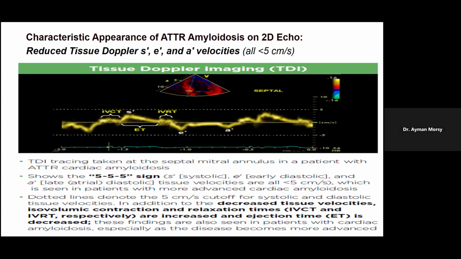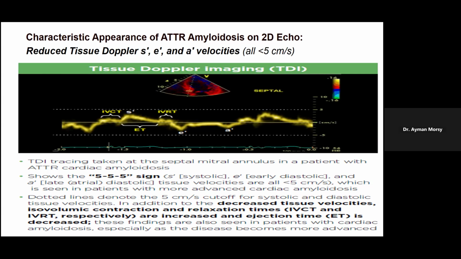And always, if you see decreased tissue velocity, and the isovolumic contraction and relaxation times, IVCT and IVRT, are increased and the ejection time is decreased, all these findings of cardiac amyloid are very advanced pathology.